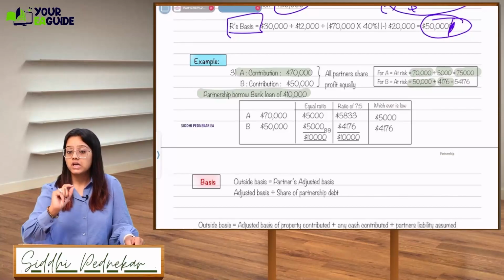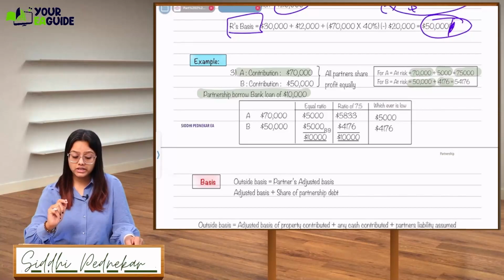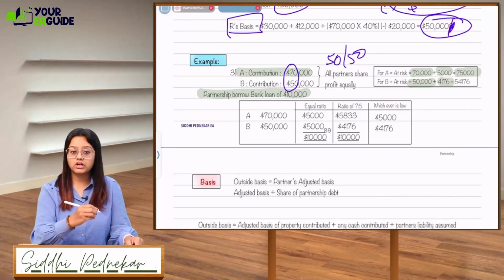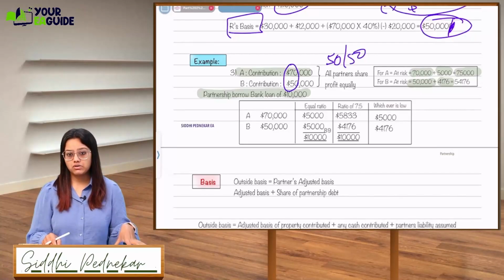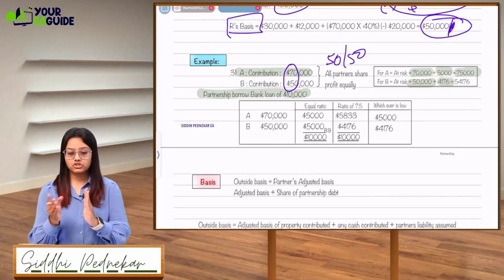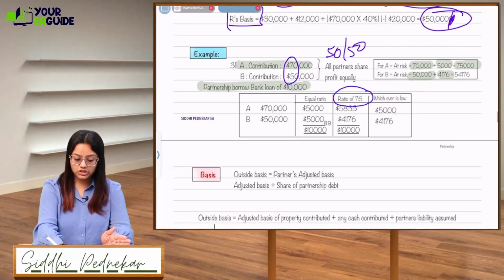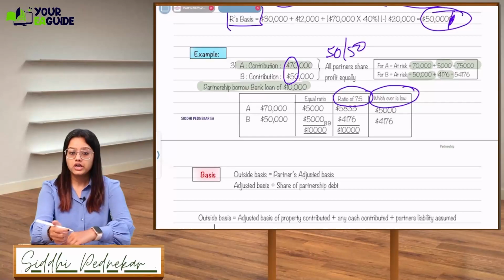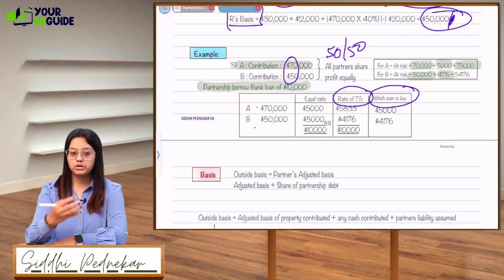But wait, the second calculation you have to do is compare the 50-50 split with the ratio of the contributions, 7:5. Distribute this 10,000 in two ways, in two columns, 7:5 or equally, and then take whichever is lower. Mr. A and B have contributed 70,000 and 50,000.